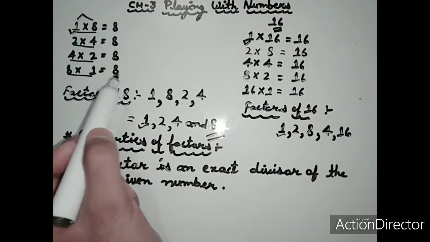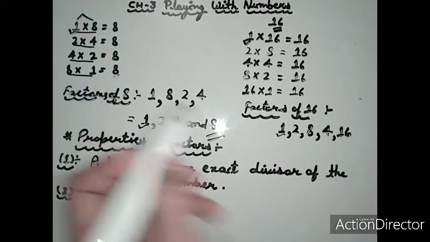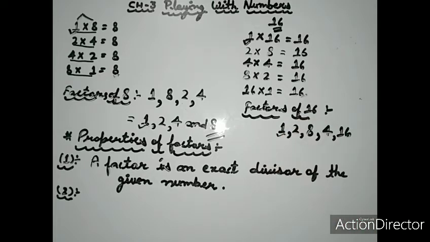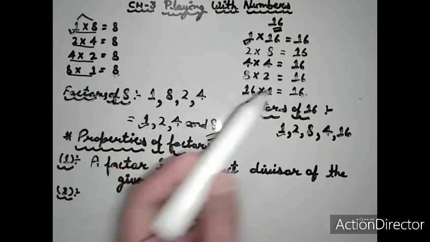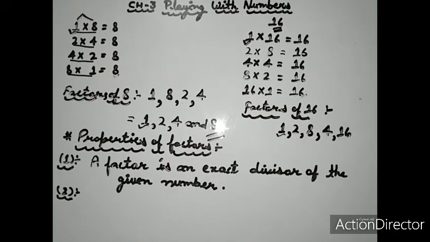Here we find the factors of 8, and 8 is a factor of itself also, and same as with 16. When we find the factors of 8, we get 8 as a factor of 8, 16 as a factor of 16. So here we say that every number is a factor of itself.